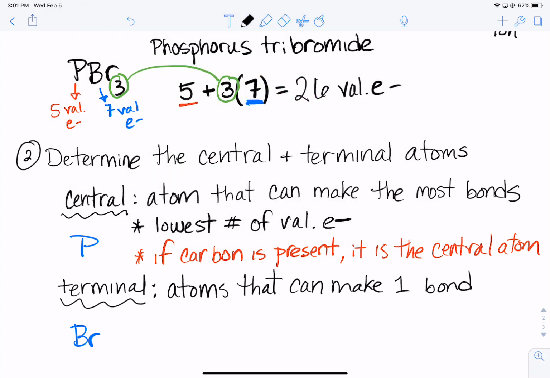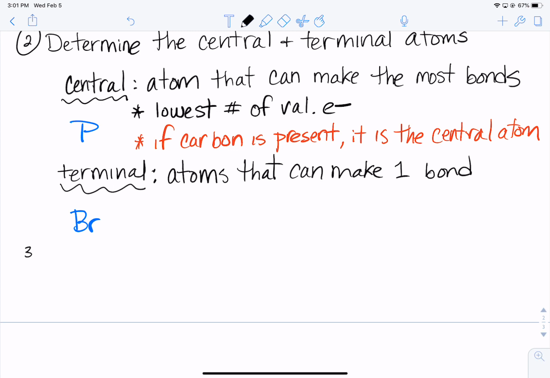The next step is we're going to draw a plausible structure. Plausible means almost the same thing as possible. It could be like this. I think it's plausible that it could go this way or that way.